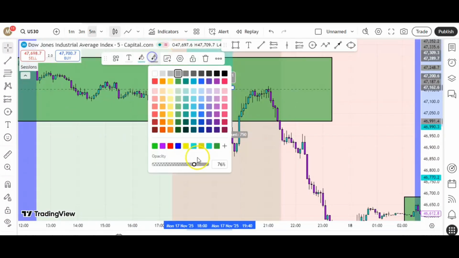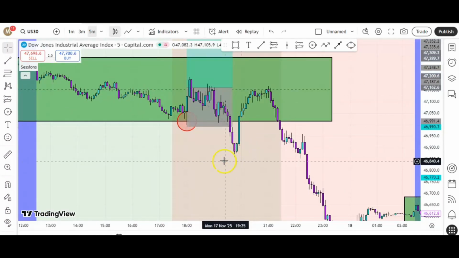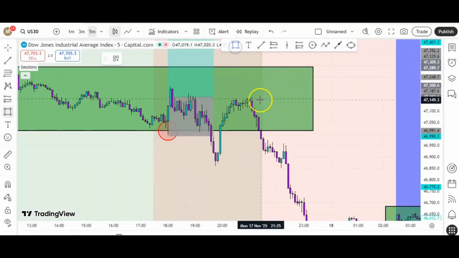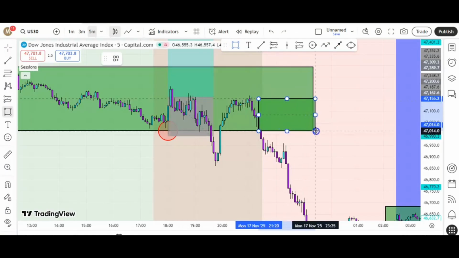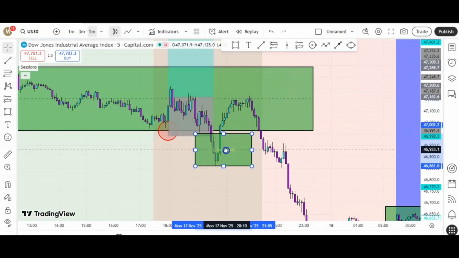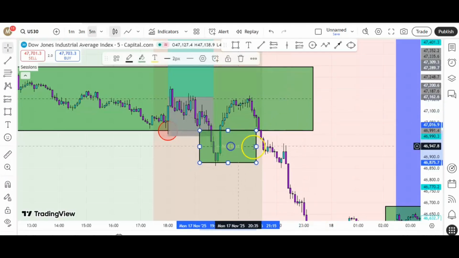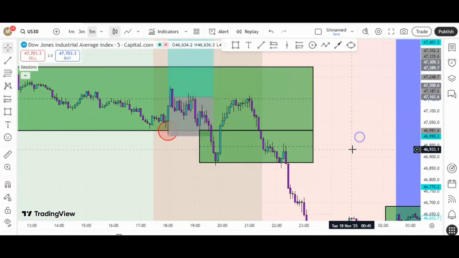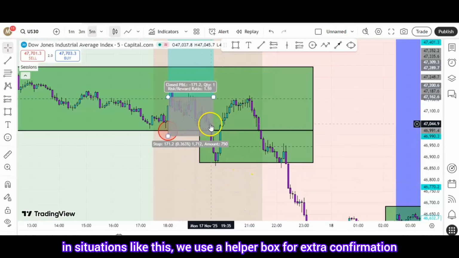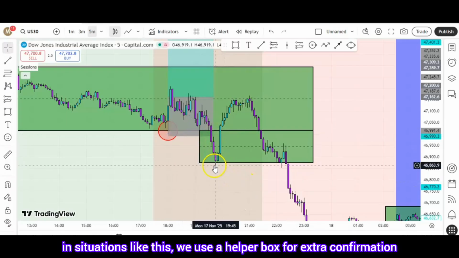We got stopped out. In a situation like this, we use the helper box for extra confirmation.